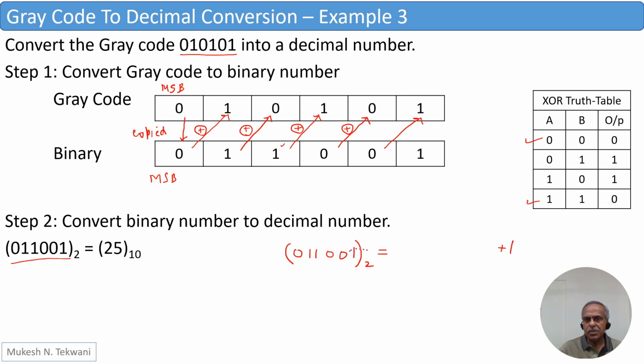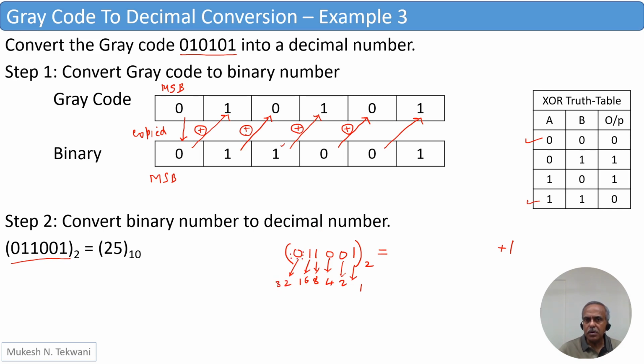Since the bit here is 0, its corresponding weight is 2, which is ignored. So 1, this will have the weight 2, this will have the weight 4, the equivalent weight 8, this bit has the equivalent weight 16, and this bit has the equivalent weight 32.